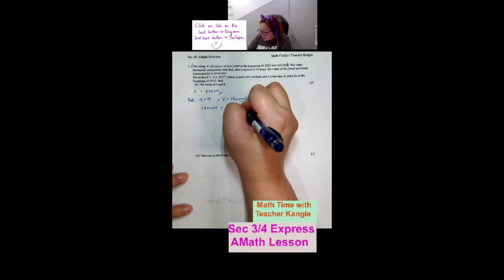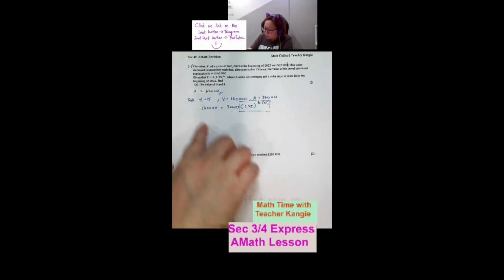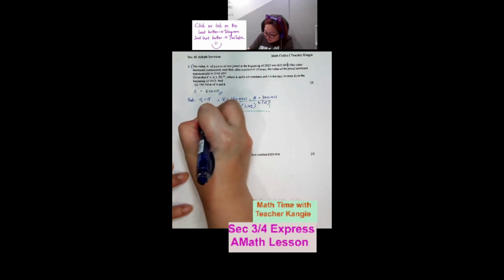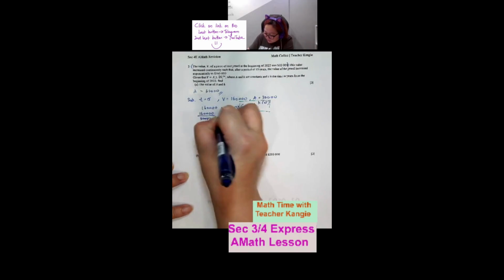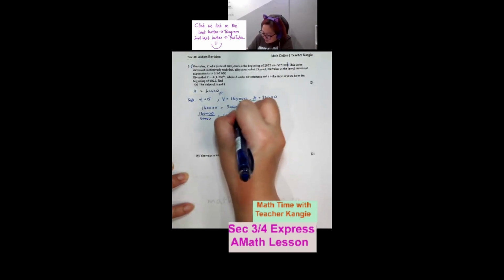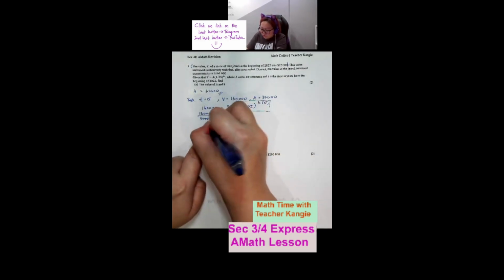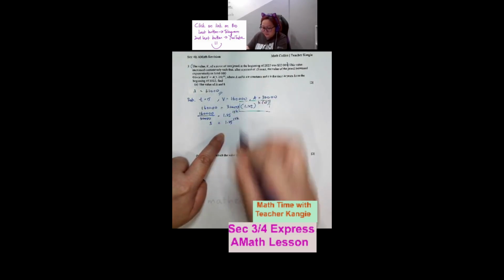The trick is this 32,000 is multiplied with here, so I'm going to bring the 32,000 to the other side. So it becomes 160,000 divided by 32,000, which equals 1.25 to the power of 15K. This one reduced is 5. So 5 equals 1.25 to the power of 15K.